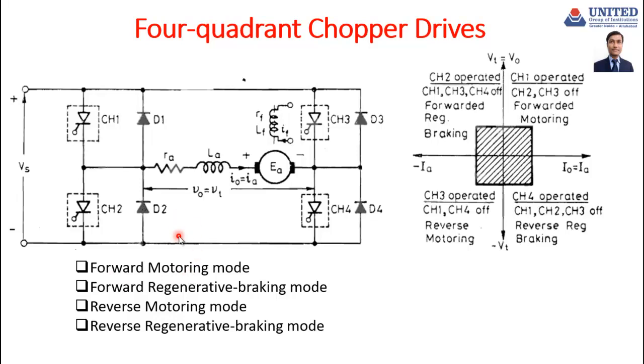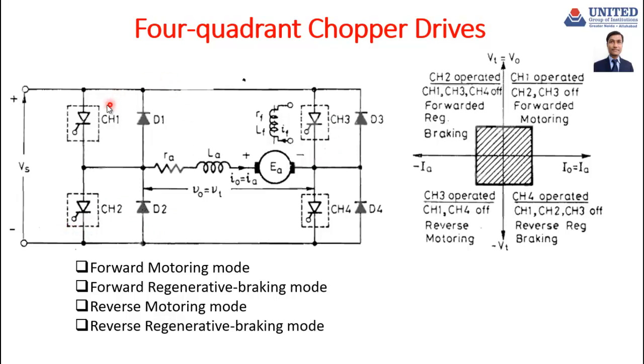During the forward motoring mode of operation, the drive operates in first quadrant. In this mode, the semiconductor switches CH1 and CH4 operate, and CH3 and CH2 are off.